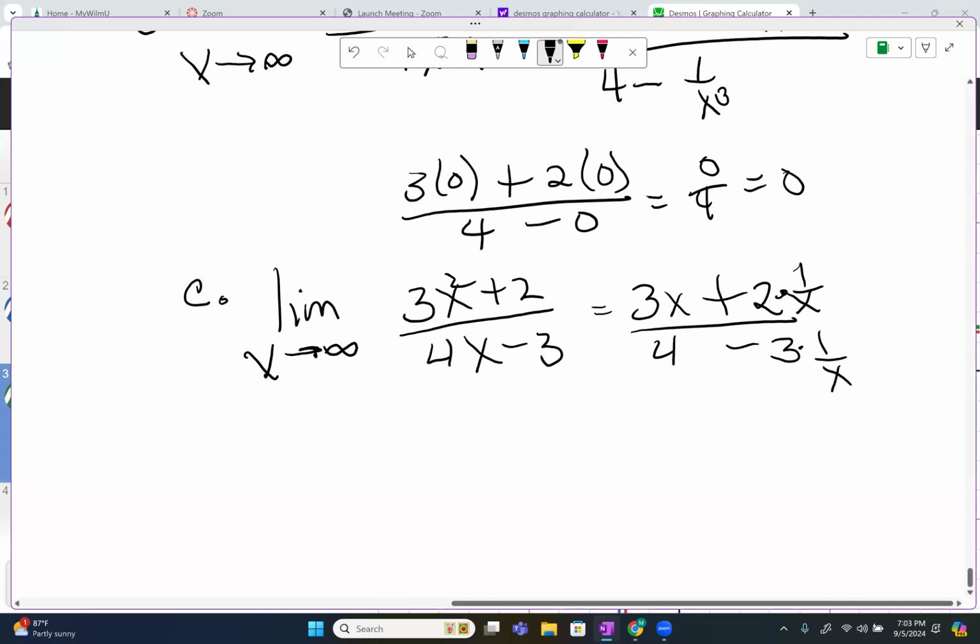So these disappear, and as x approaches infinity, the denominator approaches 4, while the numerator becomes infinitely large. So therefore, this limit does not exist.